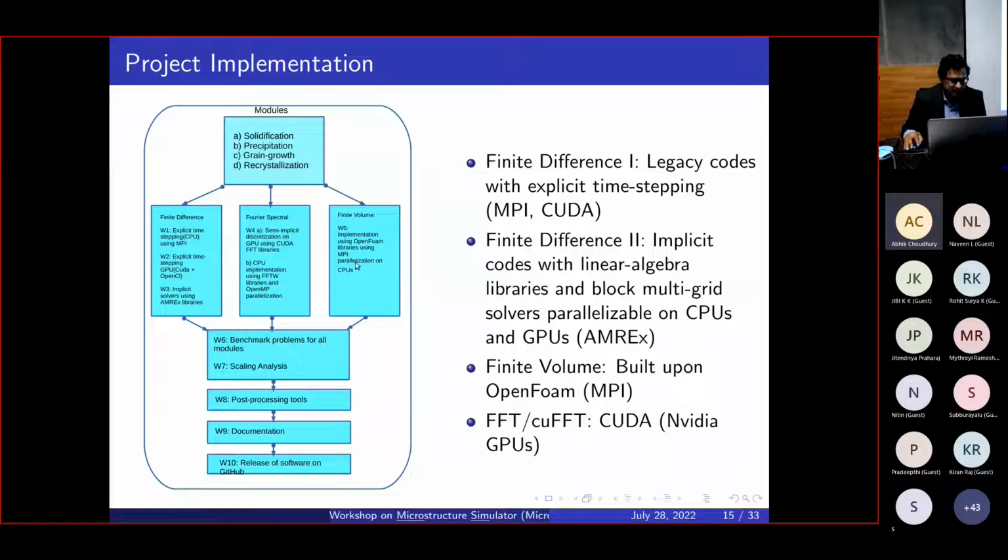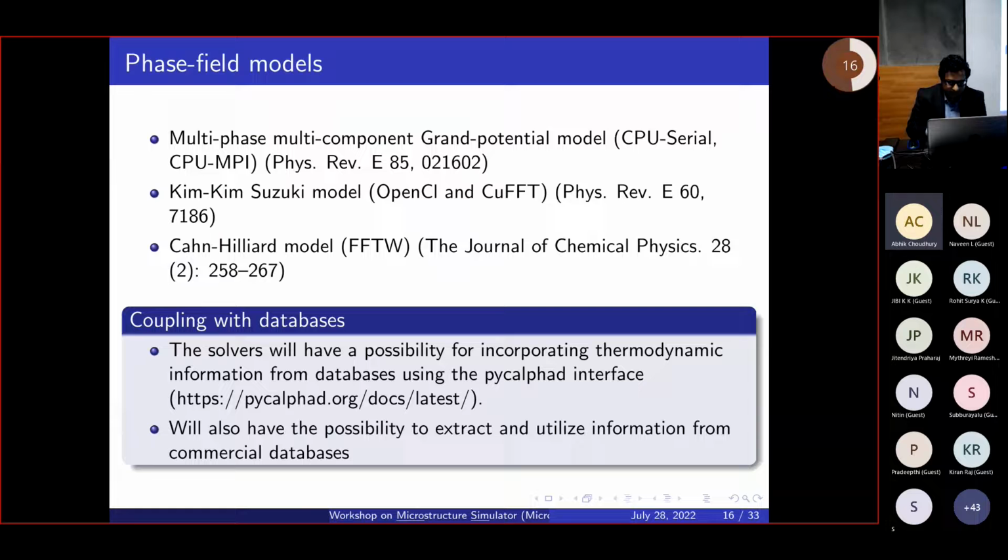The idea is to develop all of these. Some of them we'll see today, and we'll present benchmark problems and scaling analysis on all of the strategies. A bunch of post-processing tools are also launched, as you will see today. We already have ongoing documentation on the repository, and we'll have regular releases of the software as we go ahead.